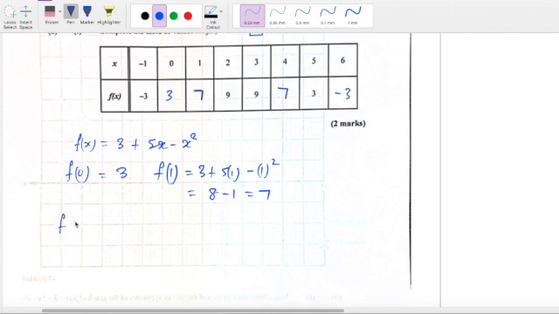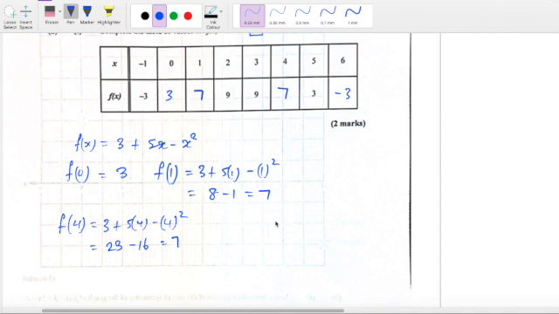f of 4 is going to give us 3 plus 5 times 4 minus 4 squared, which is 5 4s are 20, so 23, minus 4 4s are 16. So 23 minus 16 is indeed 7.